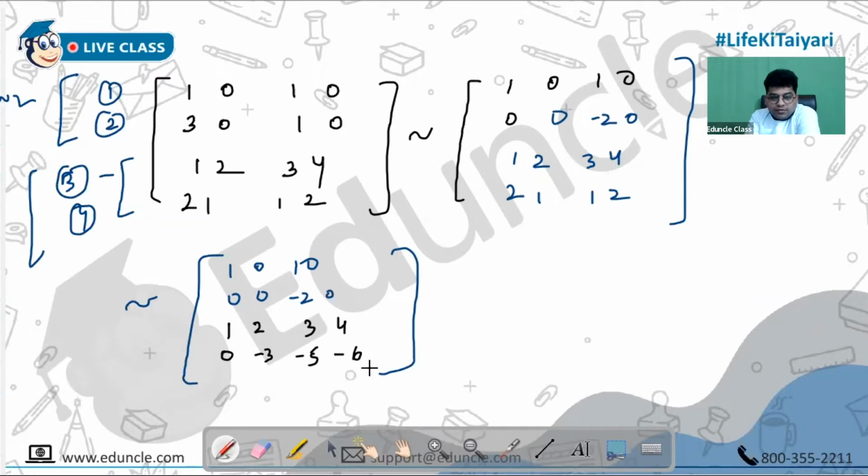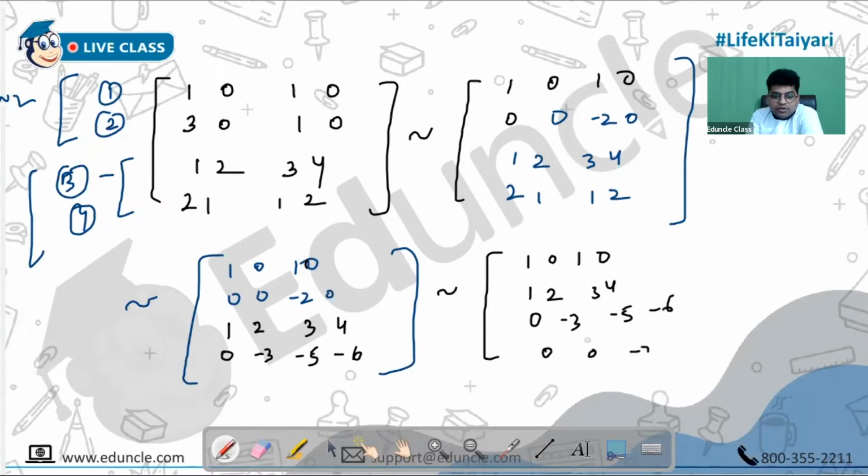So can we make some other changes? We will swap this row, and write the rows as (1, 2, 3, 4), (0, -3, -5, -6), (0, 0, -2, 0).